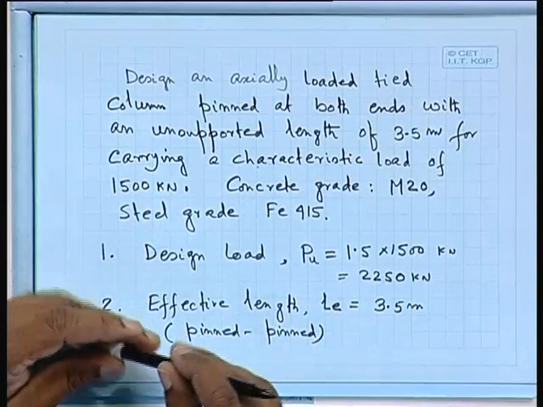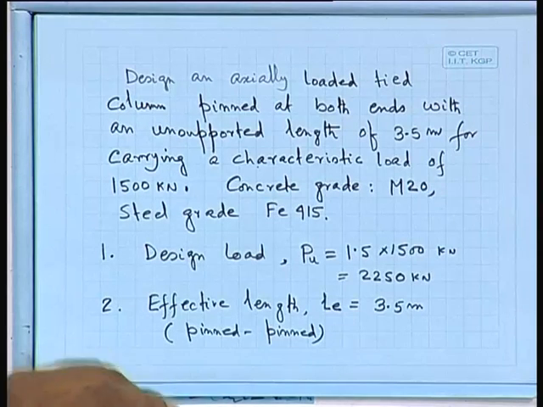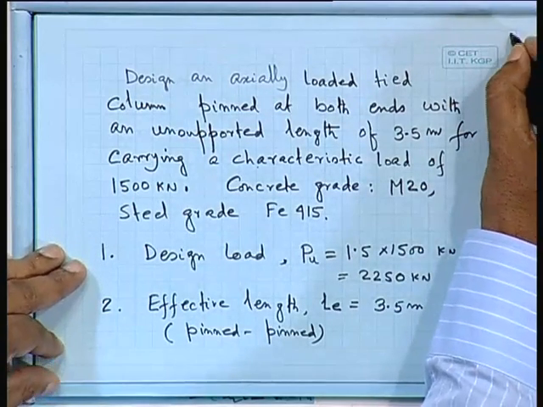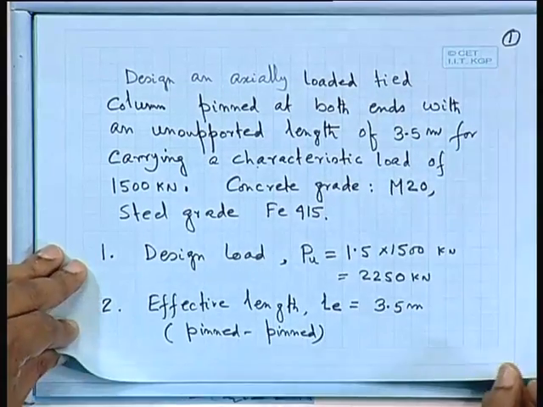So, for this case we have 3.5 meter. What we have to do? We have to assume a section. What is the guideline? The guideline is that L by D is less than 12, because we are considering it as a short column.